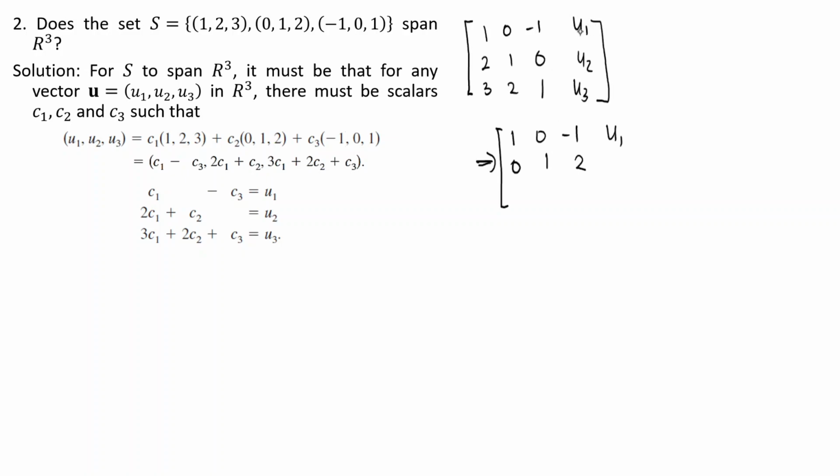And then again, we multiply this by -2. So we have -2 u sub 1 plus u sub 2. And then also for this, we multiply this by -3. So this is 0. We have here 2, and then this is 4. And then again, we multiply this by -3 plus u sub 3. Okay, and then we make this 0 here.